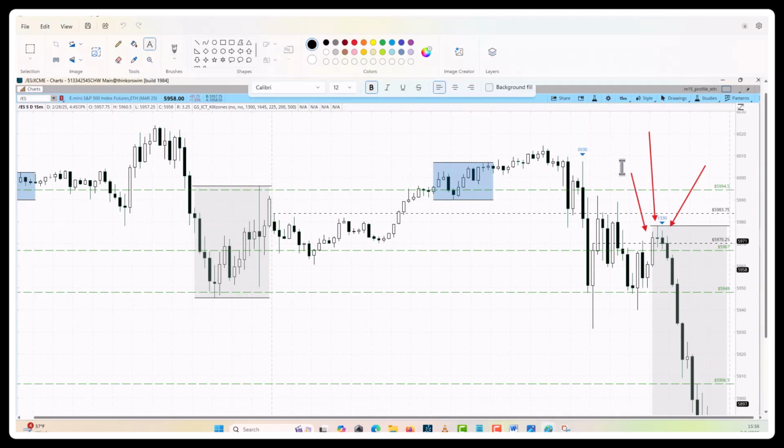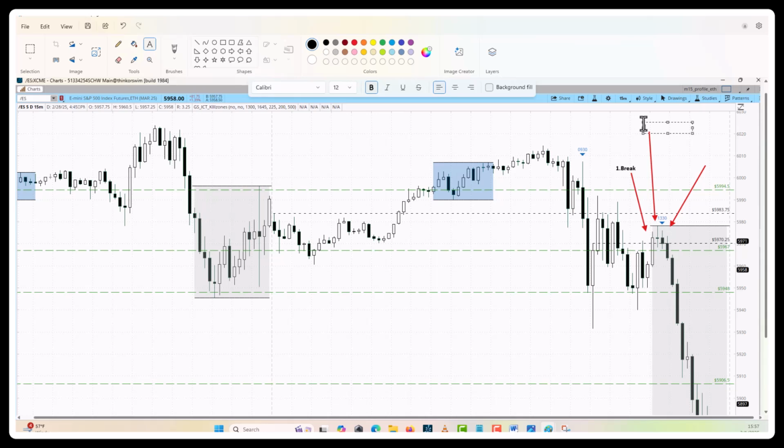So basically right here we have a setup. First it's going to break it, a type 1 reversal. So it breaks the level 59.7025, which is the 50 minutes, but if you look at the high time frame, the 59.67, it breaks the level. Okay, so that's the very first step.